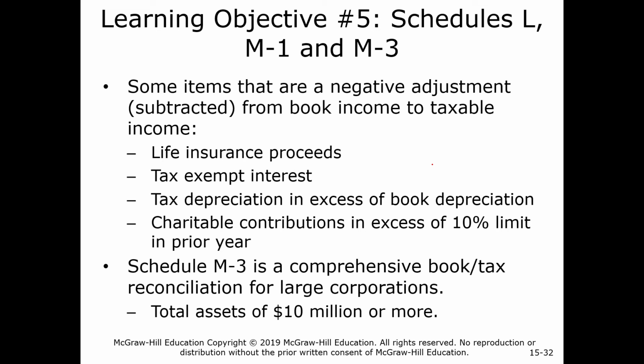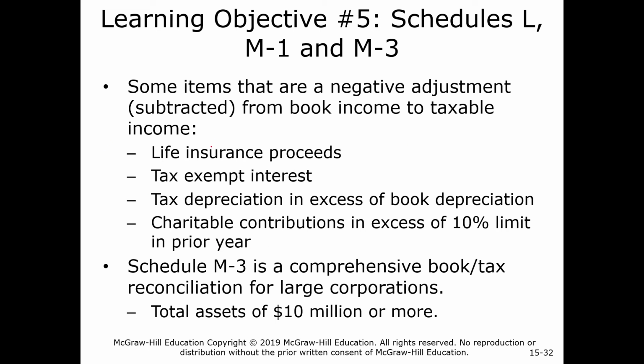So we may have included the life insurance proceeds in our income under financial reporting, but for tax purposes we're not going to include them in our taxable income. So that needs to be subtracted. There may also be instances where our tax depreciation exceeds book depreciation, and so we need to subtract from book income.